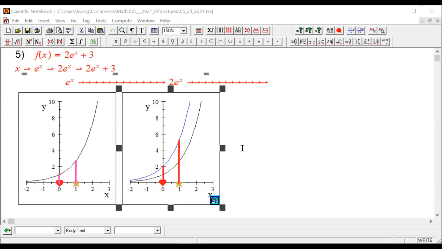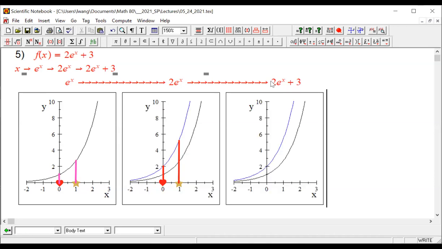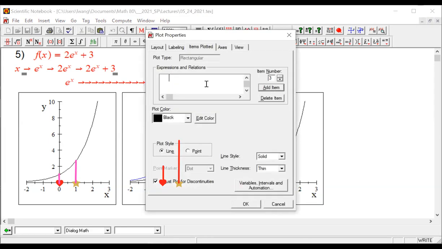So next, we're going to shift the whole thing up. Okay, we're going to shift the blue curve up by 3 units. That's what adding 3 is doing. So now we're going to do the 2 times e to the power x, and based on that, we're going to add 3.